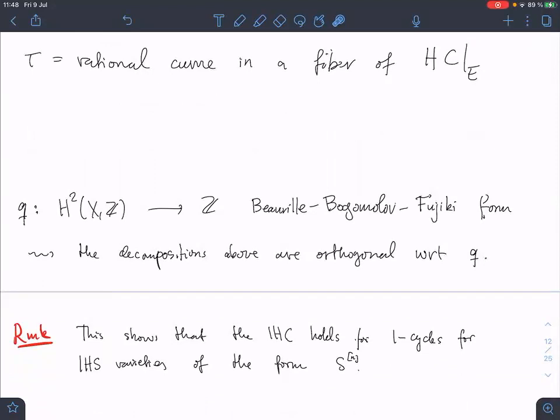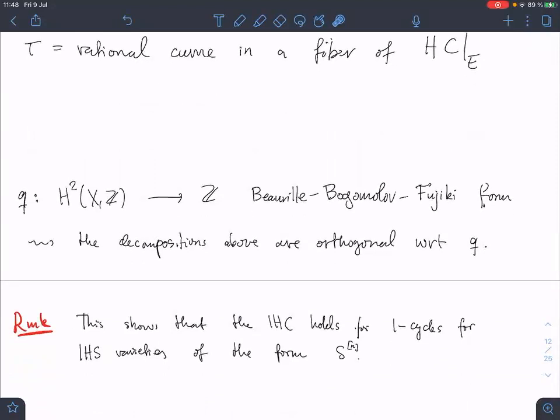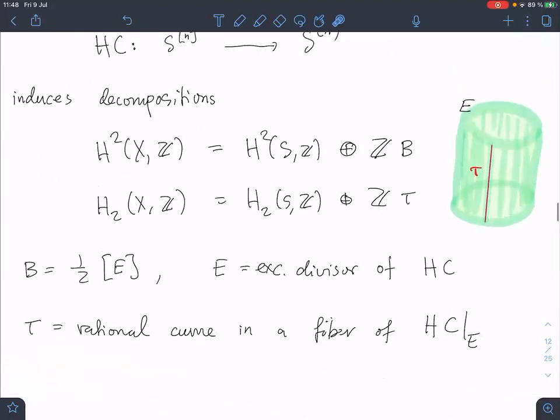And just a sort of trivial remark here: the integral Hodge conjecture for one-cycles is completely trivial for Hilbert schemes. Because if I take a Hodge class in here, then in this decomposition we have something that's algebraic, and then here we have the (1,1) theorem for S. So basically we reduce to the integral Hodge conjecture for S, and that's trivial.